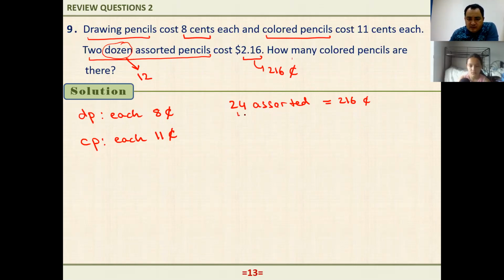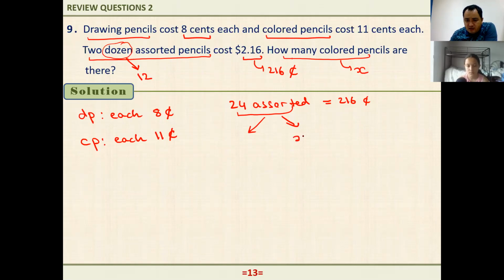In this pack, we have drawing pencils and colored pencils, right? So we need to find this. How many colored pencils? Do we know the number? We don't know. Let's say here we have X colored pencils.